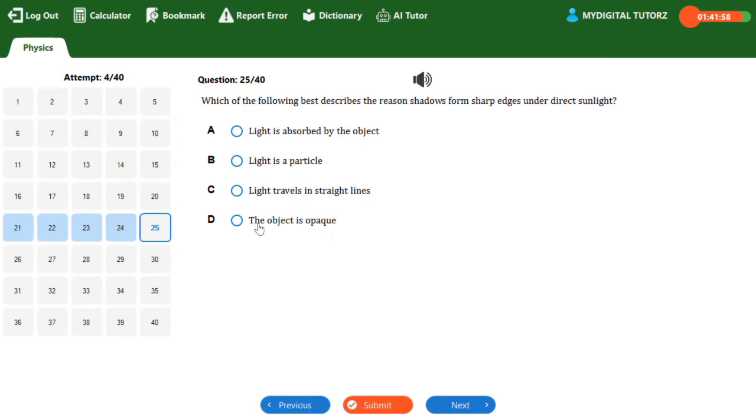The object is opaque. So the answer is that light travels in a straight line, so it forms shadows. That is the phenomenon of rectilinear propagation of light, that is formation of shadow, formation of eclipse, and what have you. So the correct answer here is option C. I hope we are together.